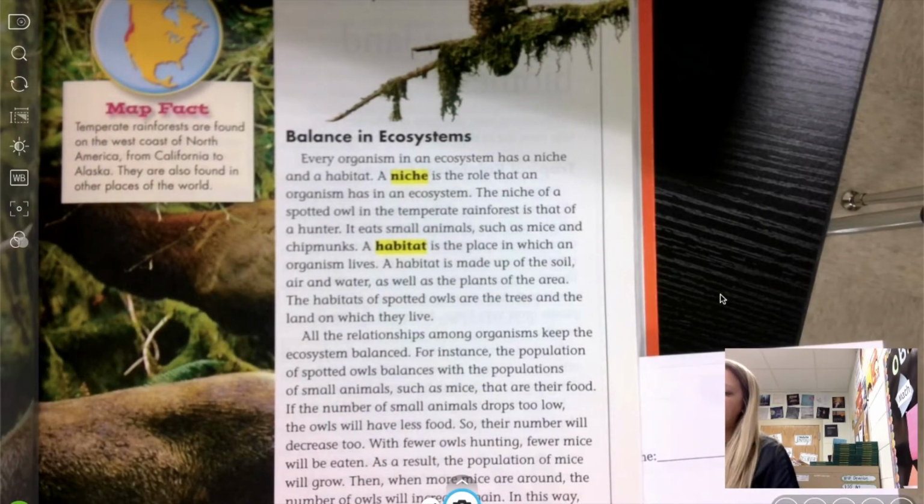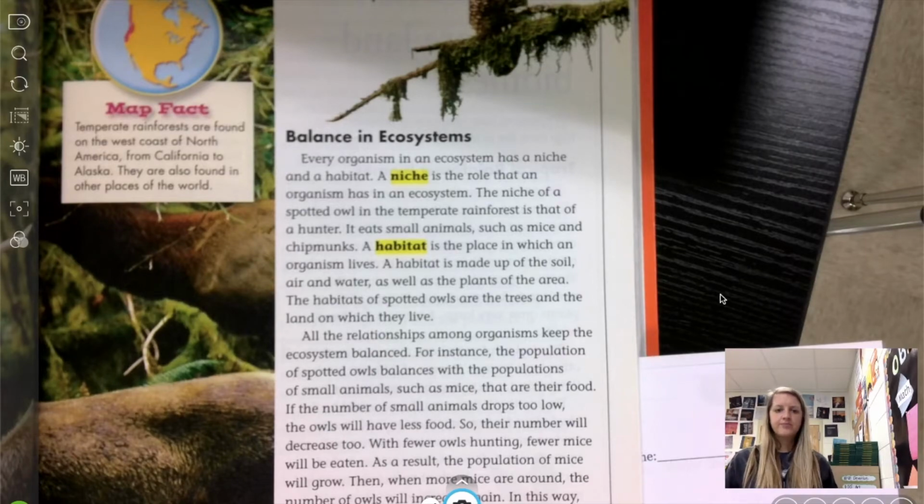A habitat is made up of the soil, air, and water, as well as the plants of the area. The habitats of spotted owls are the trees and the land on which they live.